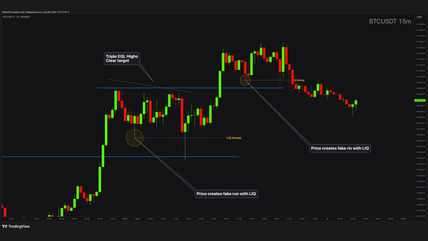In the first example, you can see a very clear triple equal high pattern forming, which is a great and obvious target for us. And in the second example, we actually have a PDH, the previous day's high level, which further increases our chances. As you can see, many different concepts come together to form the final trade setup.